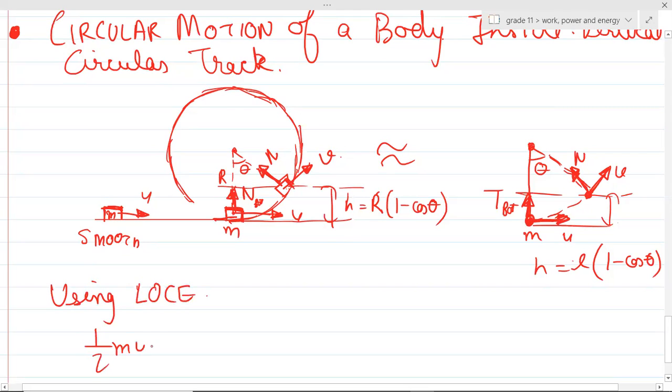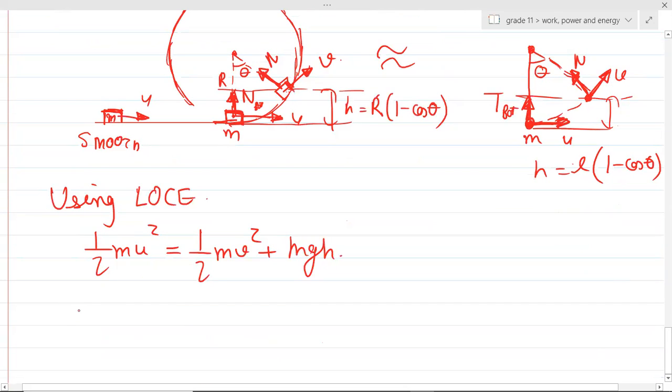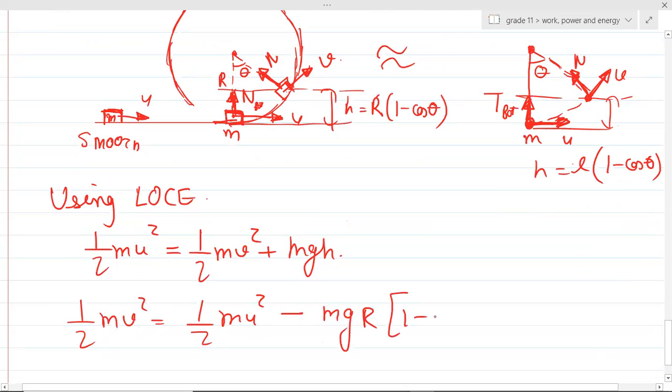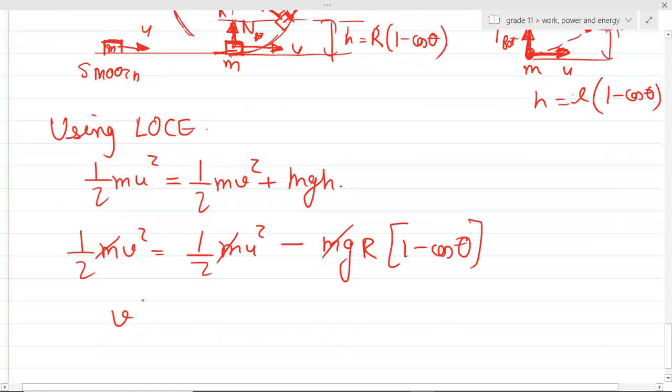Half mu square equals half mv square plus mgh. This gives half mv square equals half mu square minus mg into R into 1 minus cos theta. m will get cancelled out, and from here v square will be the same.